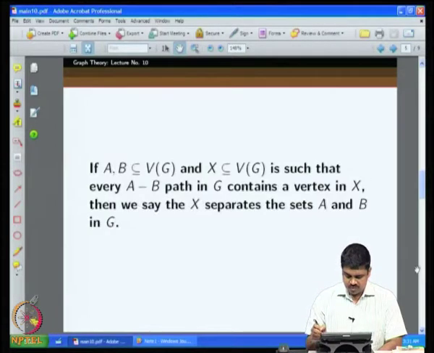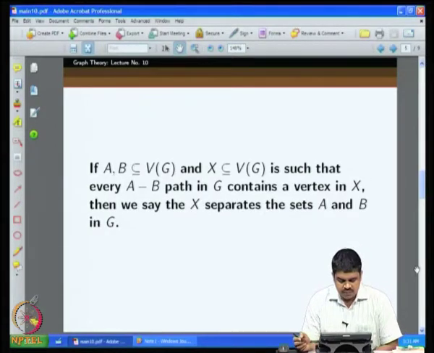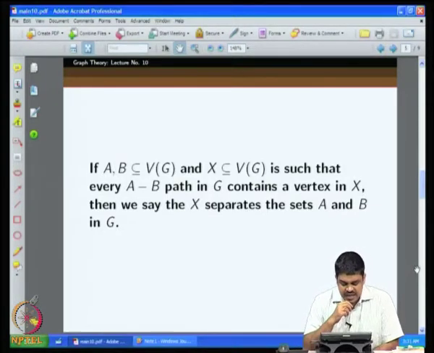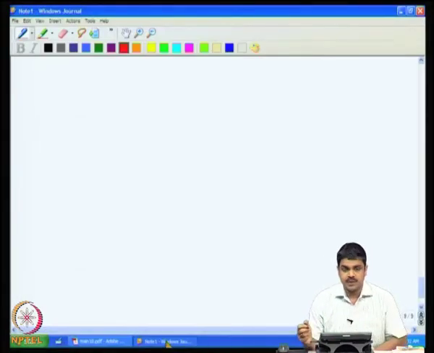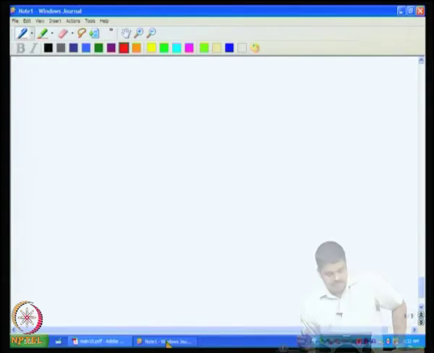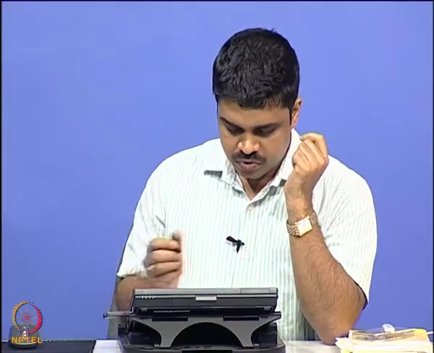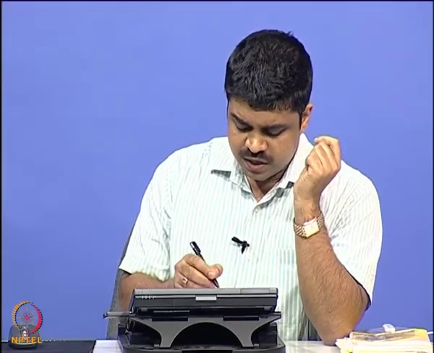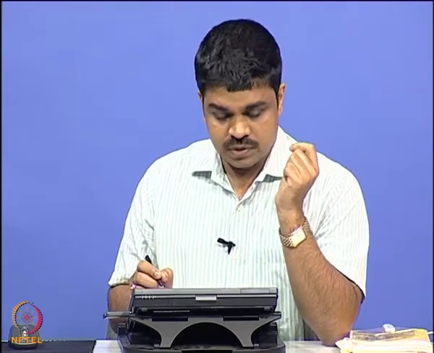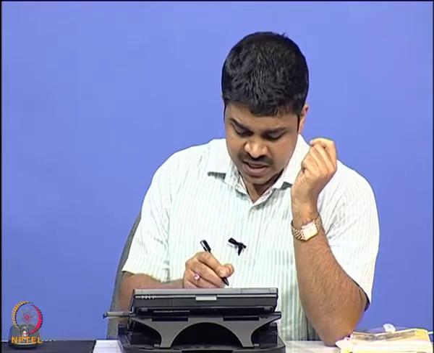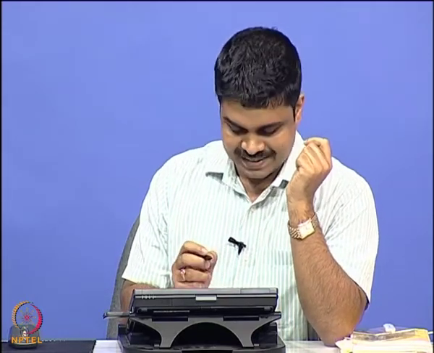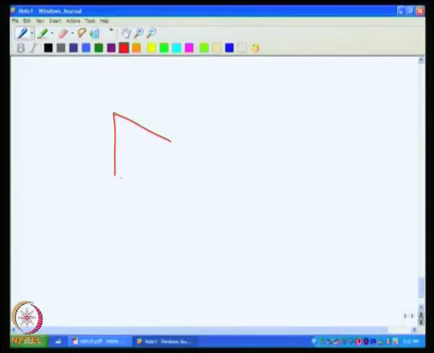Another notion we want is AB separator. But when you say AB path, before going further, let's look at some interesting things about AB paths. When I mention AB paths, don't think that A and B have to be disjoint sets. For instance, I can take this small graph.